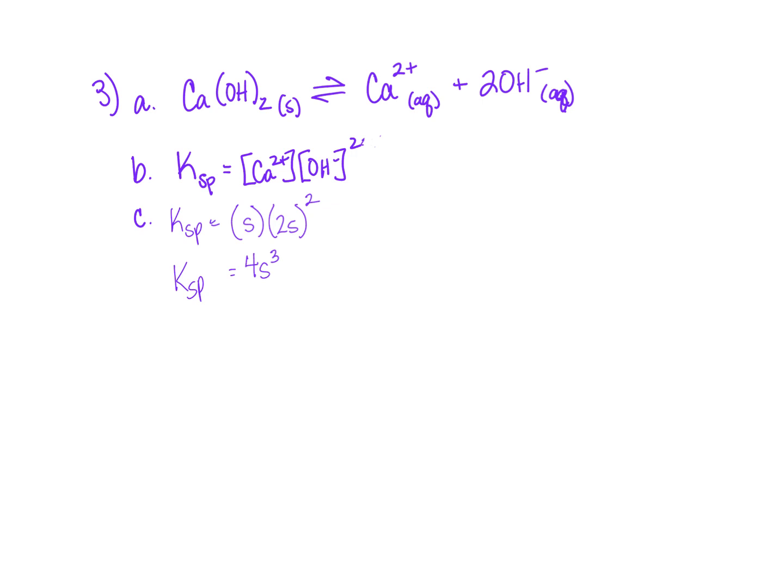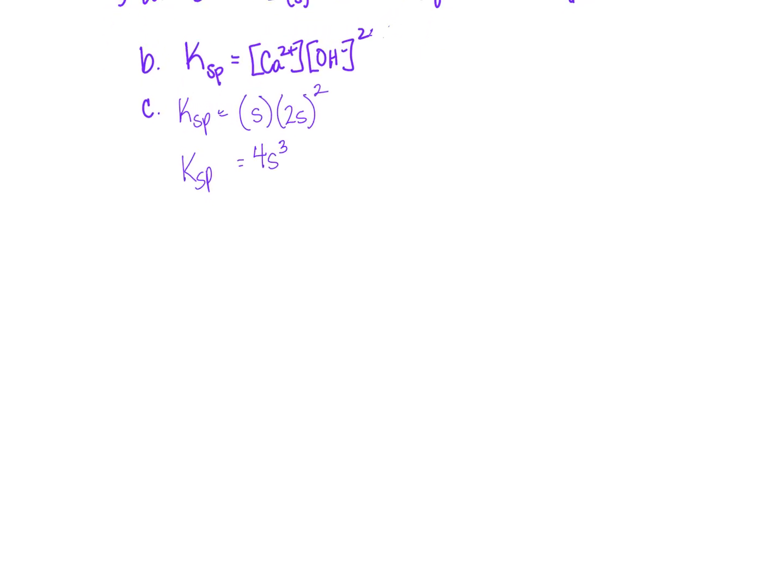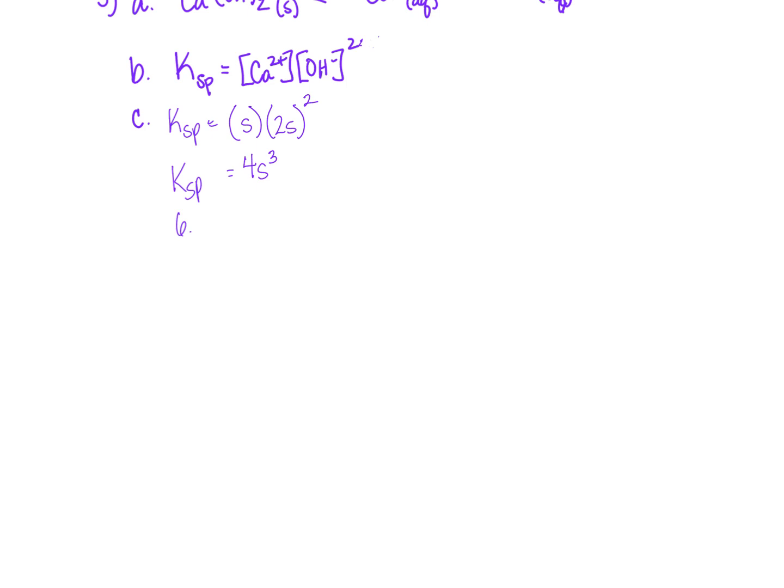My KSP was given to us in the problem. It is 6.5 times 10 to the minus 6 equals the 4S cubed. Then I would divide both sides by 4 and then take the cube root of that. So 6.5 times 10 to the minus 6 divided by 4 is 1.6 times 10 to the minus 6.